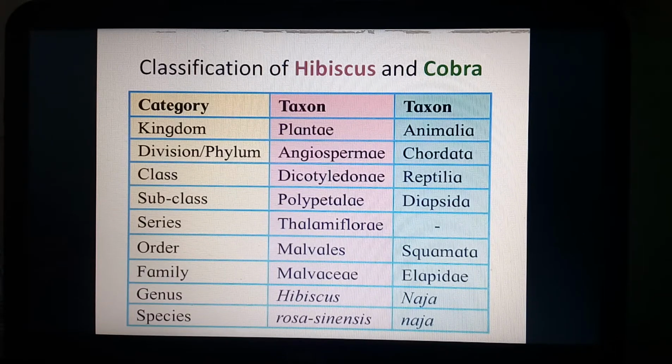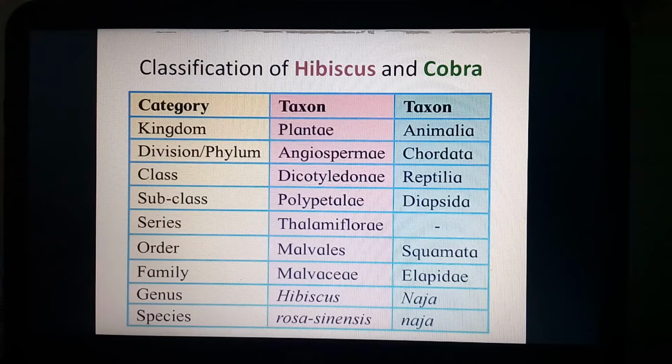Class, Reptilia. Chordata, those are the chordates we have discussed previously also. The notochord is present, pharyngeal gill slits are present, heart is present towards the ventral side. The animals belong to the class Reptilia, phylum Chordata, then subphylum Vertebrata, then after subphylum Vertebrata superclass Tetrapoda, and then class Reptilia.